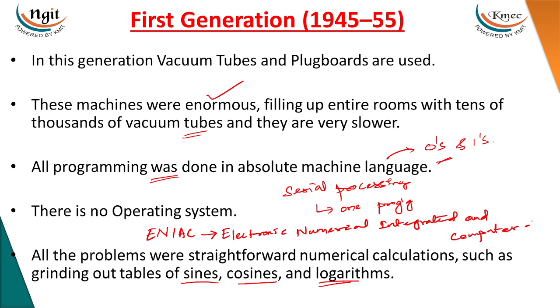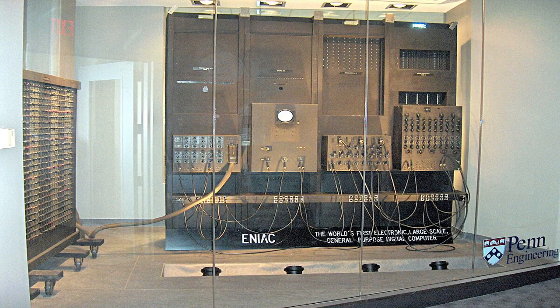Let's see the picture of ENIAC. This is the ENIAC computer, the backside, where you can see the vacuum tubes and plug boards and how the connections are made. The name here, ENIAC, the world's first programmable computer. So the first generation computer is ENIAC, an electronic large scale general purpose digital computer.